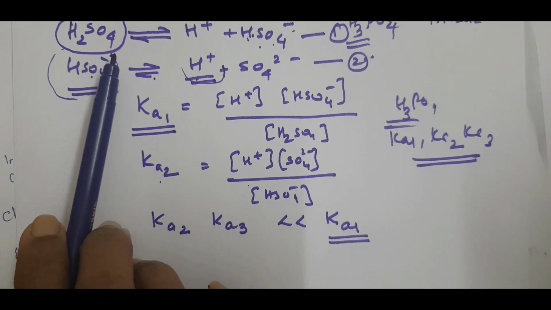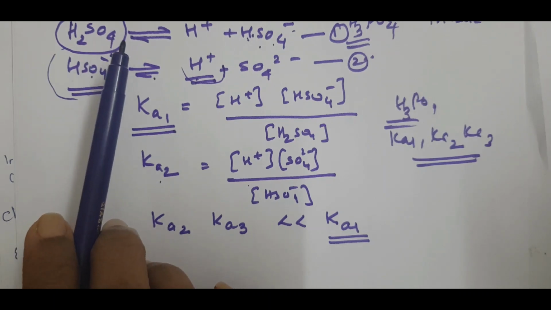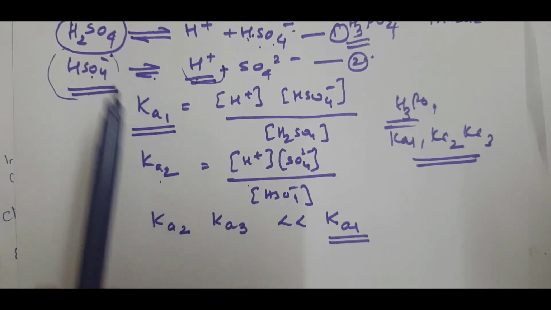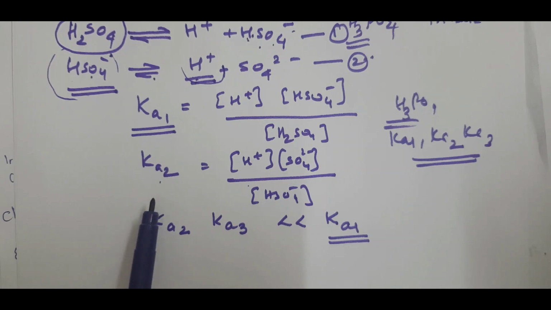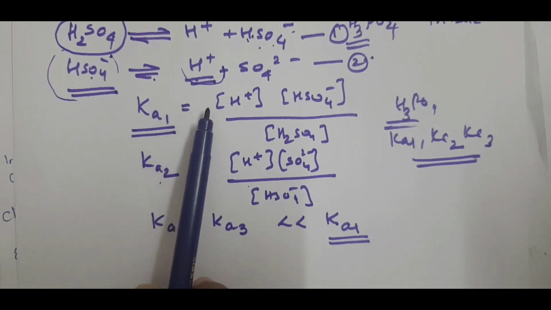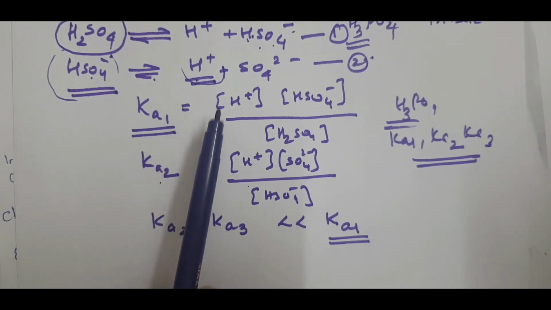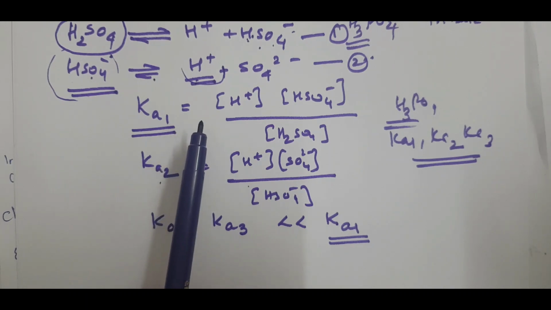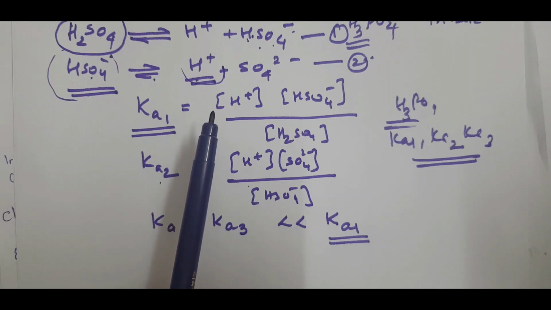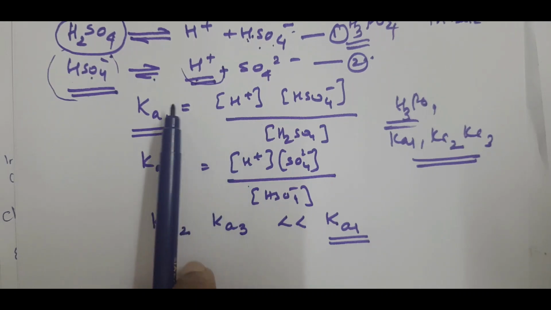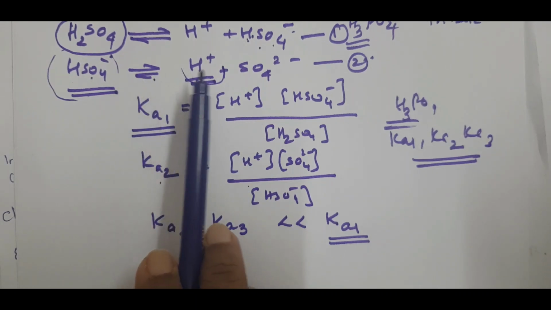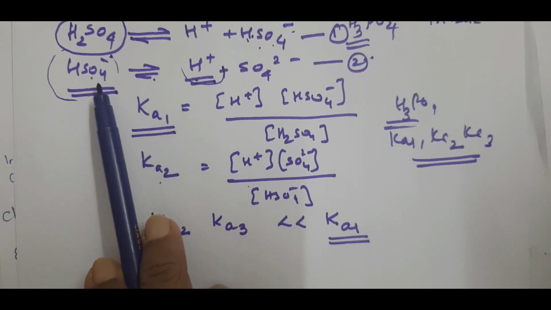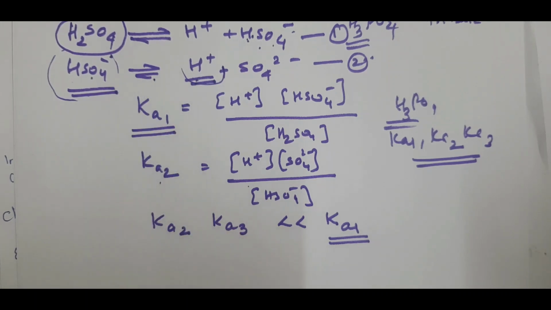So it is seen that higher order ionization constants, that is Ka2, Ka3, are smaller than the lower order ionization constants of a polyprotic acid. If more than 3 Ka are there, you can write like that. The reason is, it is more difficult to remove a positively charged proton from a negatively charged ion because of the electrostatic force of attraction.